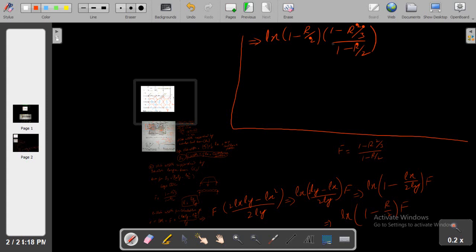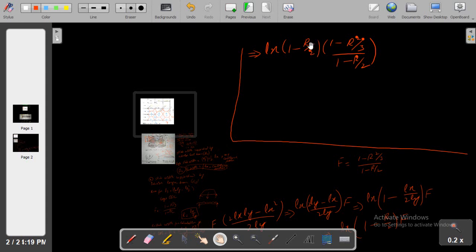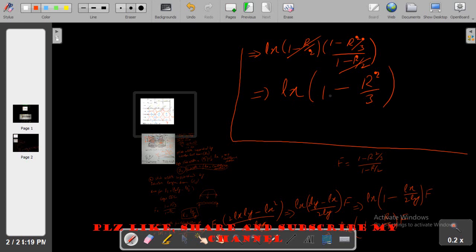This is the factor. Doing the maths calculation here, we can divide this with this one, and simply from this we get Lx into 1 minus r square divided by 3, and this will be the required equivalent width.